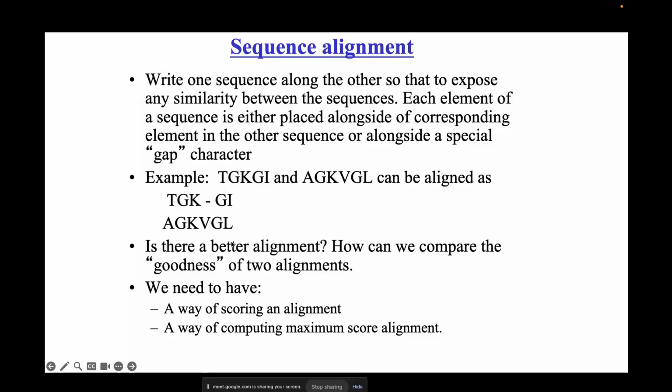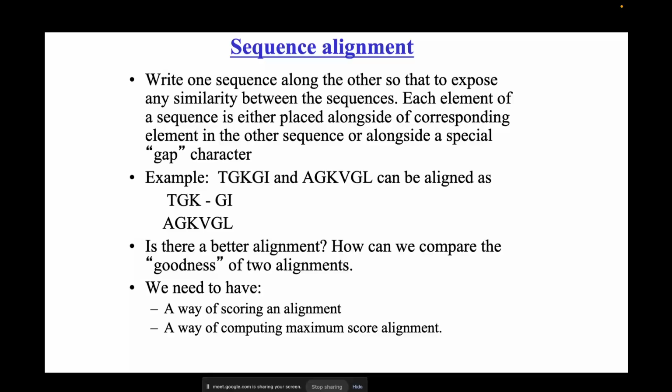But the point is, if you have done this randomly, is this the best alignment possible, or are there better alignments that can be done using these two sequences? How can we compare the goodness of two alignments? Because sequence A can match to sequence B in n number of ways. If you want to see which is the best alignment, you need some scoring pattern.